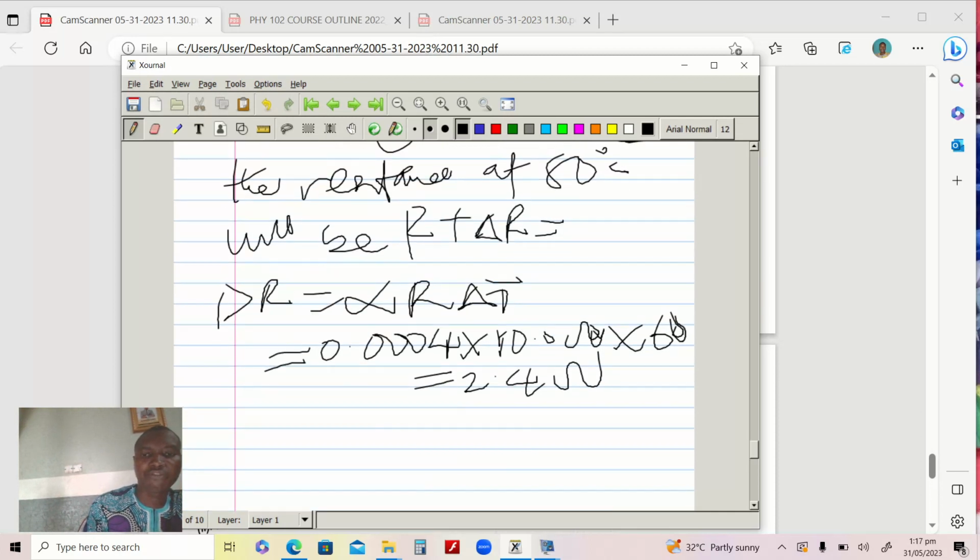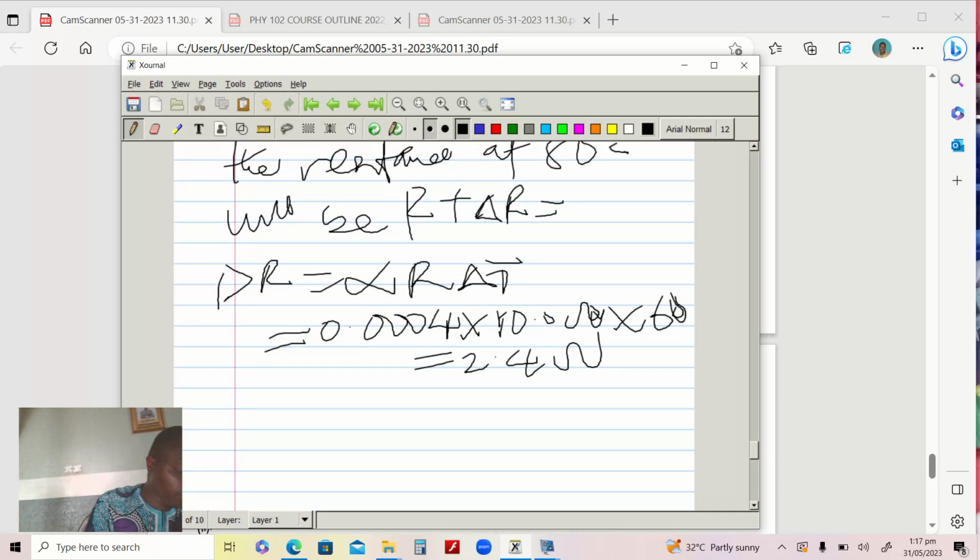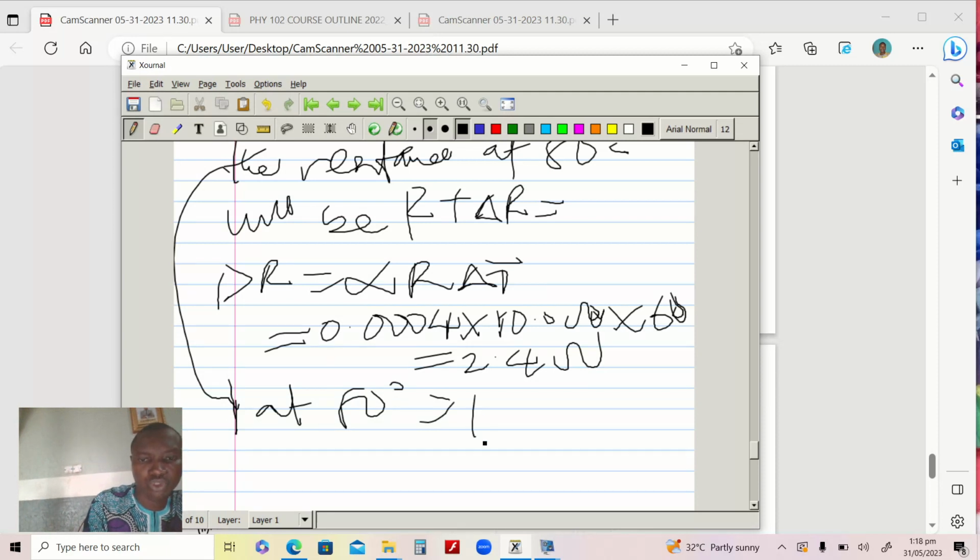So that means the resistance at 80 degrees will be equal to 12.4 ohms, because it will be 10 plus 2.4 that we have up there. So that's the resistance at 80 degrees.